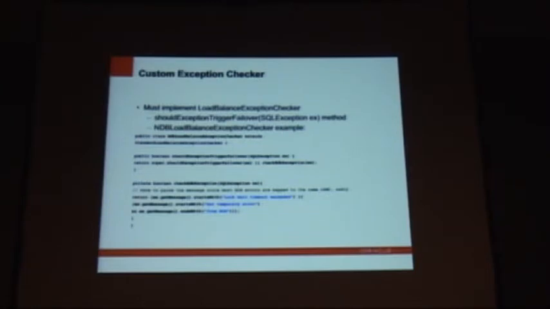This is an example of a custom exception checker, and specifically we're writing this to handle some exceptions that are thrown by NDB cluster, the storage engine. There are some very vague errors in MySQL cluster which basically indicate that the cluster is unstable, and you probably don't want to remain connected to that node that generated these errors.